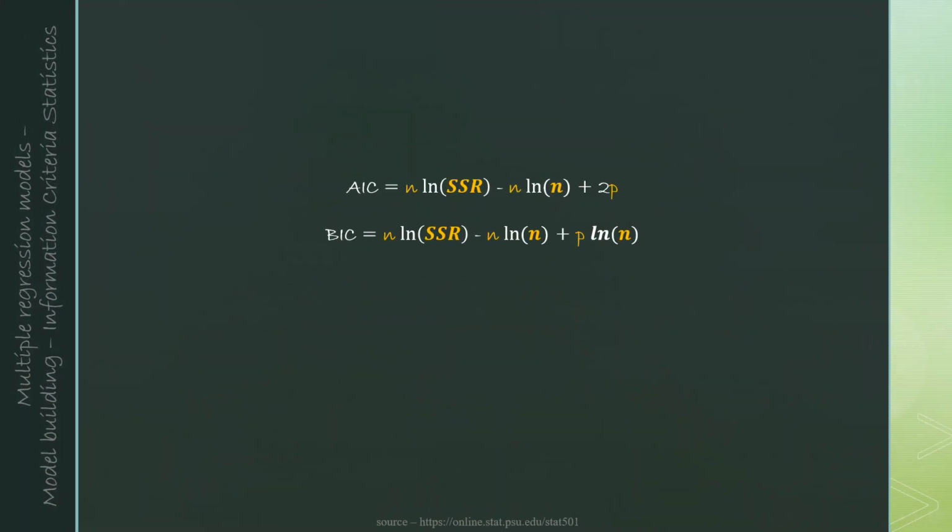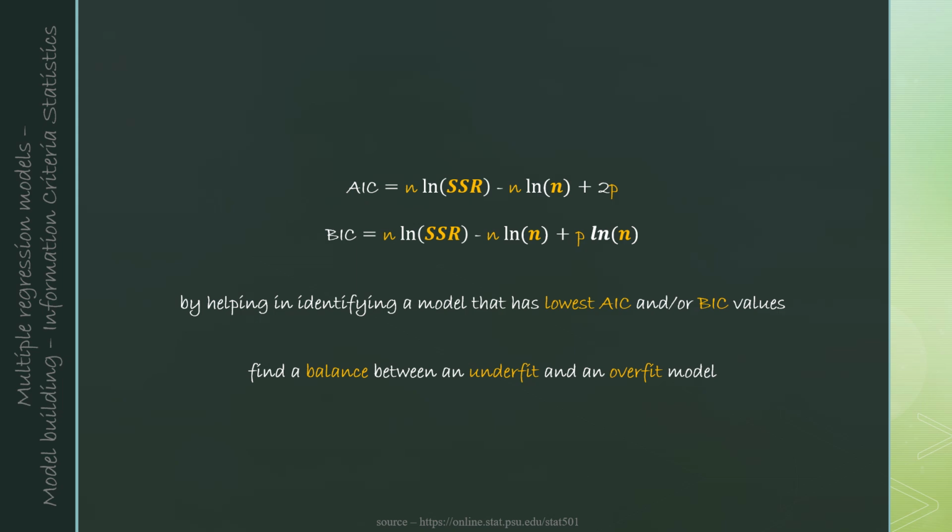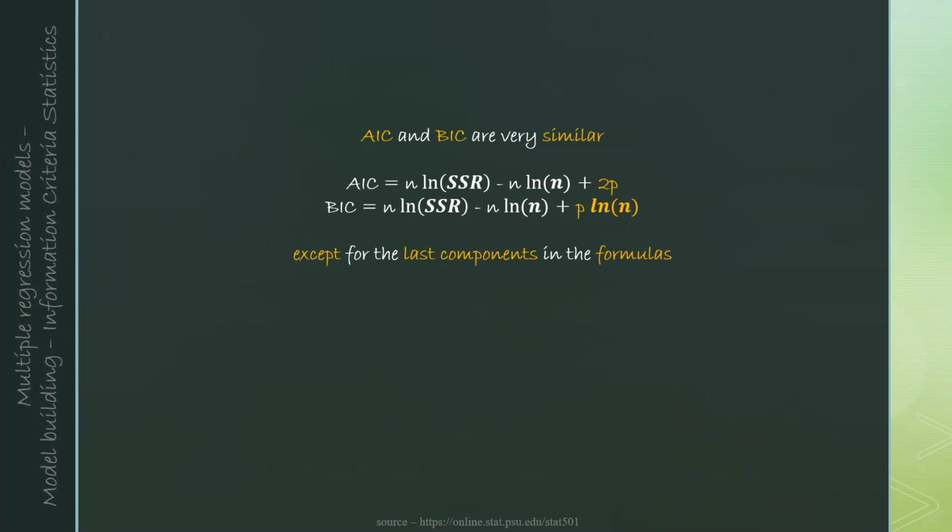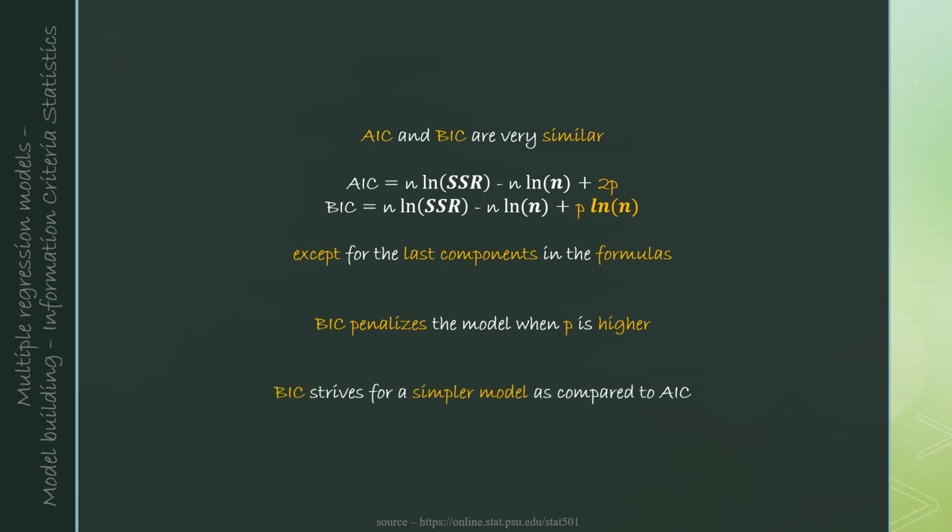Therefore, AIC and BIC, by helping in identifying a model that has lowest AIC and or BIC values, find a balance between an underfit and an overfit model. AIC and BIC are very similar except for the last 2 components in the formulas. BIC penalizes the model when P is higher, that is especially when the number of predictors is higher. BIC strives for a simpler model as compared to AIC.